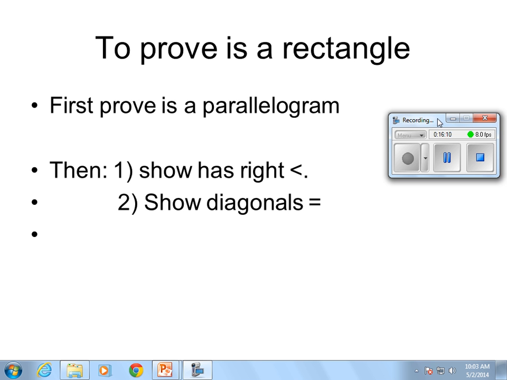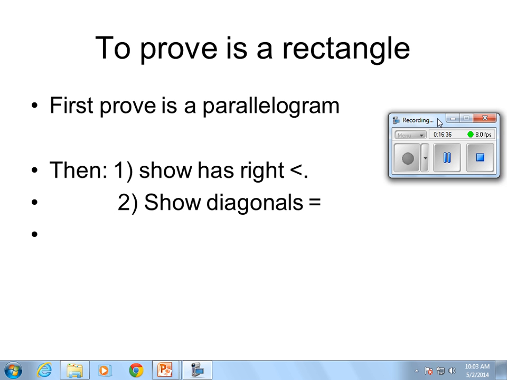So right here, you might want to write down somewhere: if slopes are opposite reciprocals, then I'll just use the perpendicular symbol.